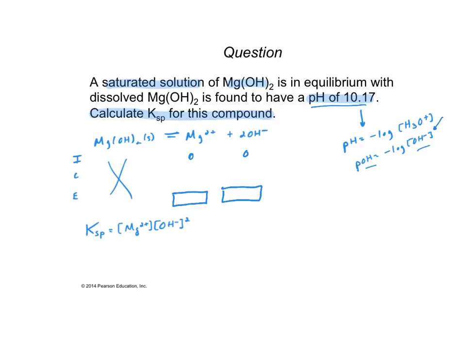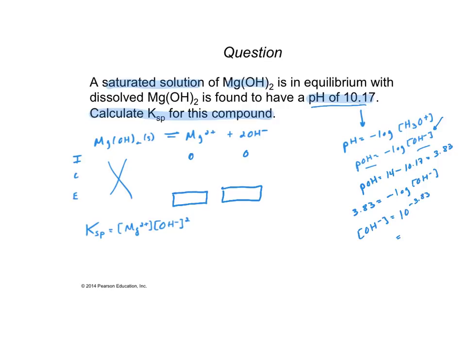If my pH here is 10.17, then my pOH, which is just 14 minus pH, is 3.83. And if 3.83 is equal to pOH, that is equal to minus log of OH minus. I can solve for the concentration of OH minus by moving over the negative, and then this is 10 raised to the minus 3.83.